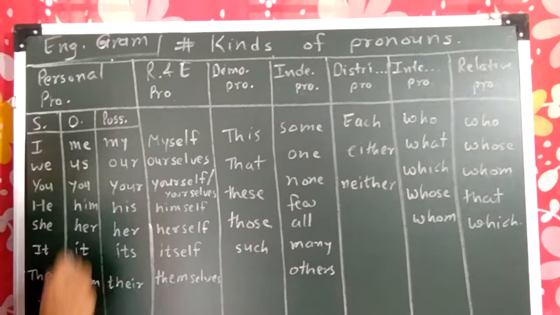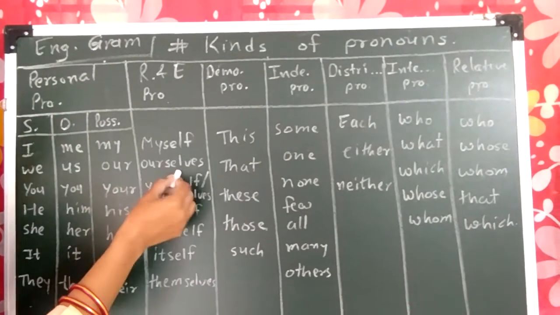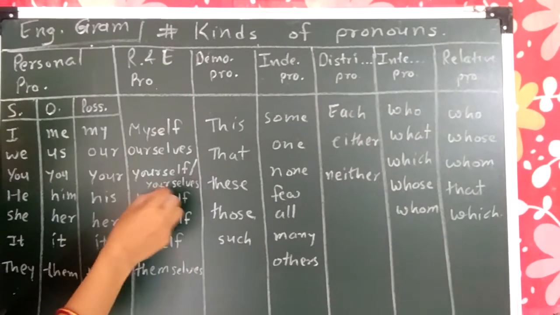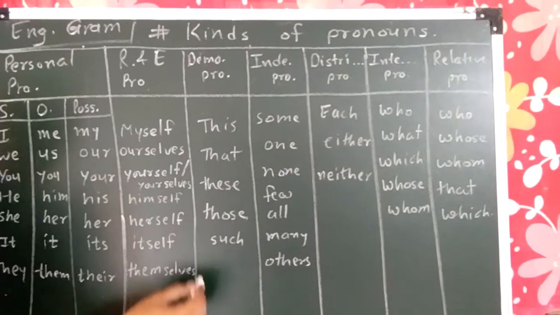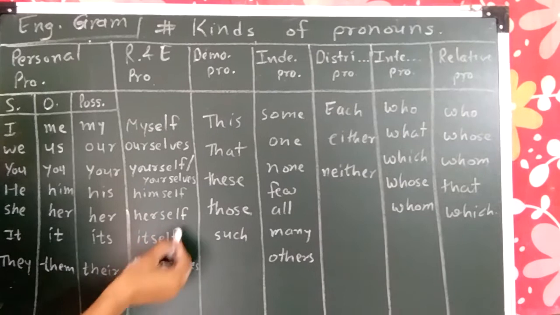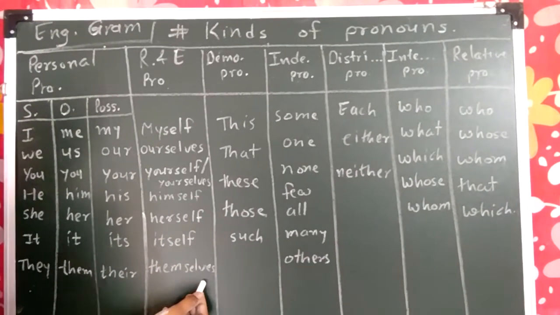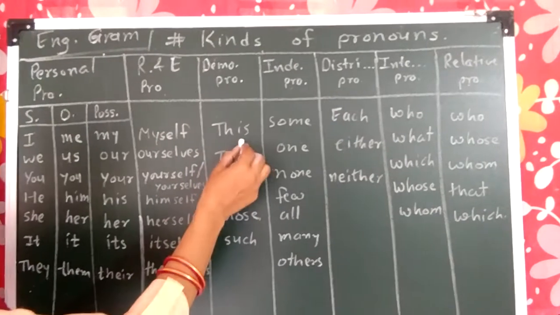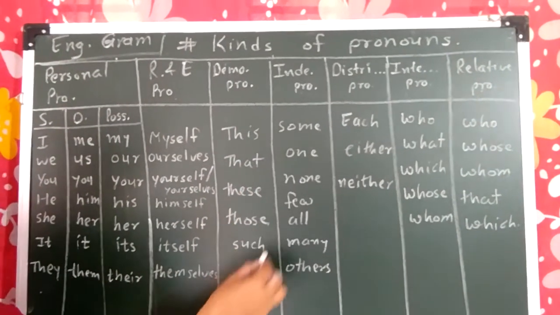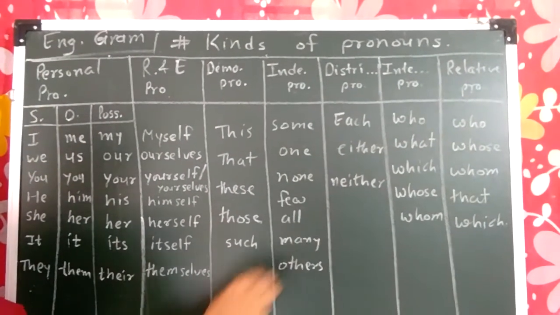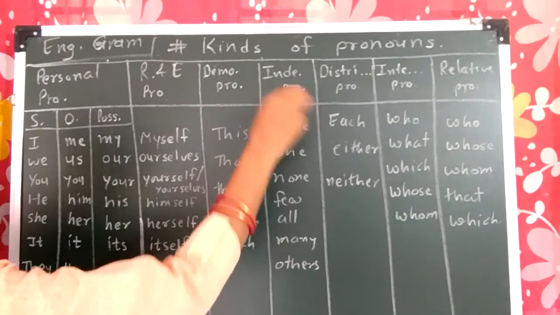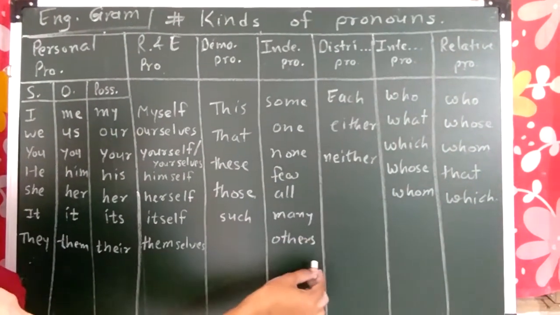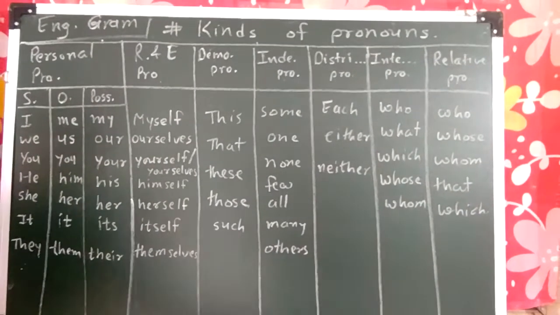Now reflexive and emphasizing pronouns are myself, ourselves, yourself, or in the plural form yourselves, himself, herself, itself, and themselves. Okay. Now demonstrative pronouns are this, that, these, those, such, etc. Indefinite pronouns are some, one, none, few, all, many, others, etc. Okay.